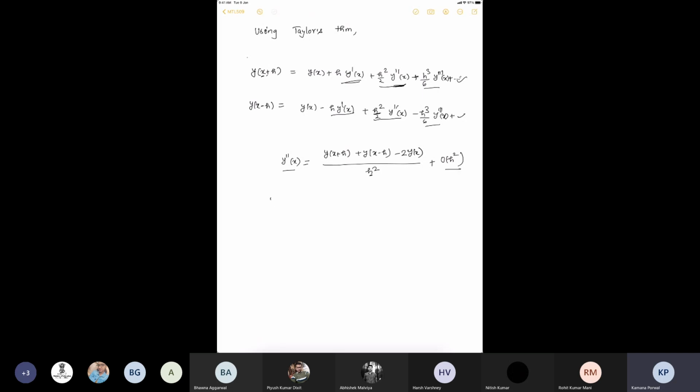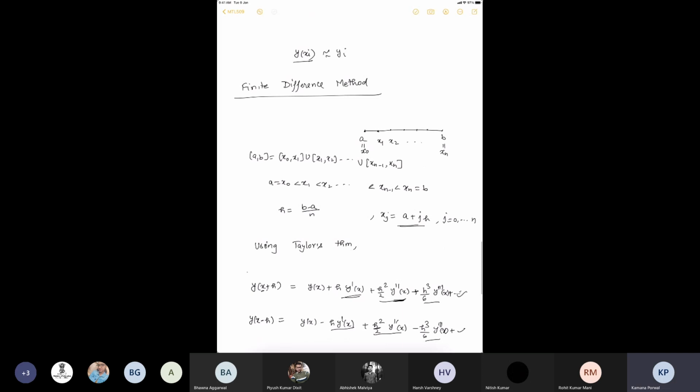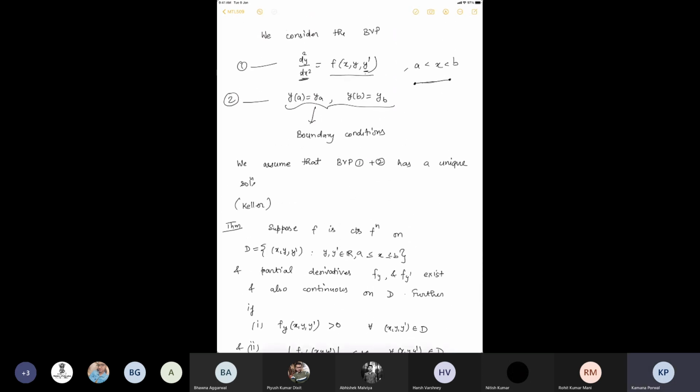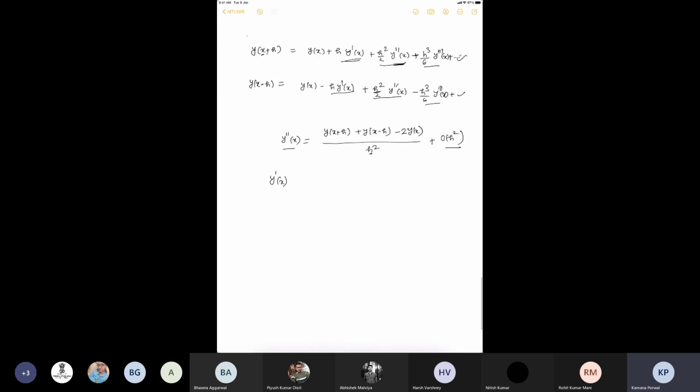So next, we also have to find the approximation of y prime. Since I'm going to substitute these derivatives in the differential equation, I want all the derivatives to have the same order of the remainder term.